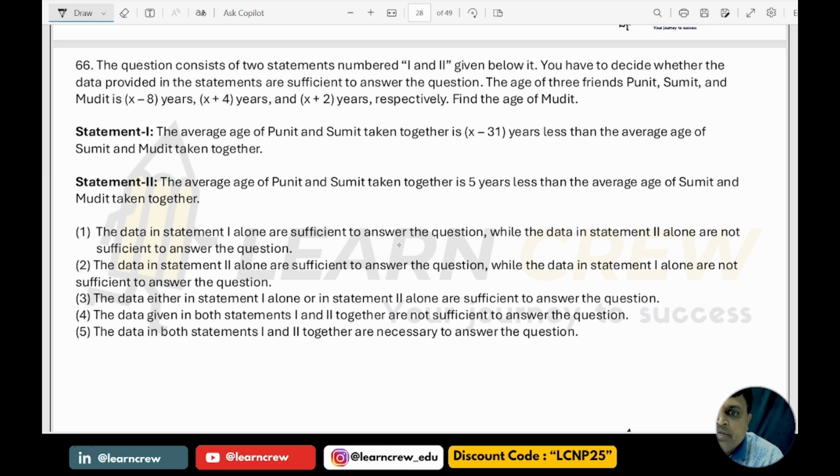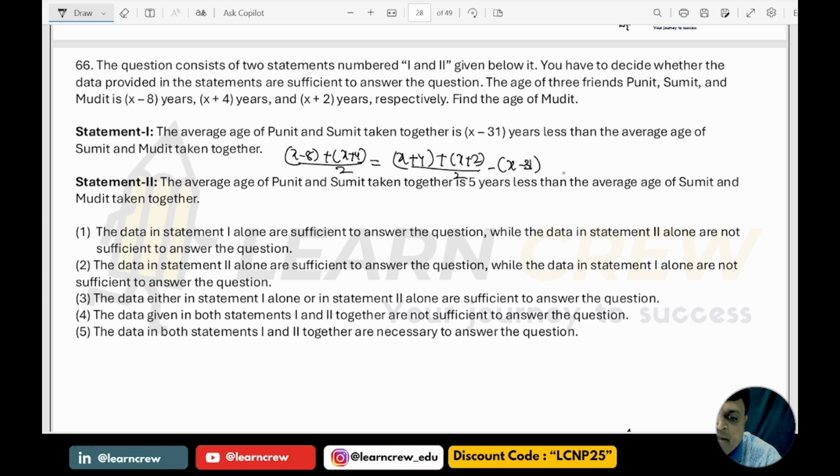So from this, what I can write: x minus 8 plus x plus 4 by 2 is equal to, x minus 31 years less than the M and S average, so x plus 4 plus x plus 2 by 2 minus x minus 31.